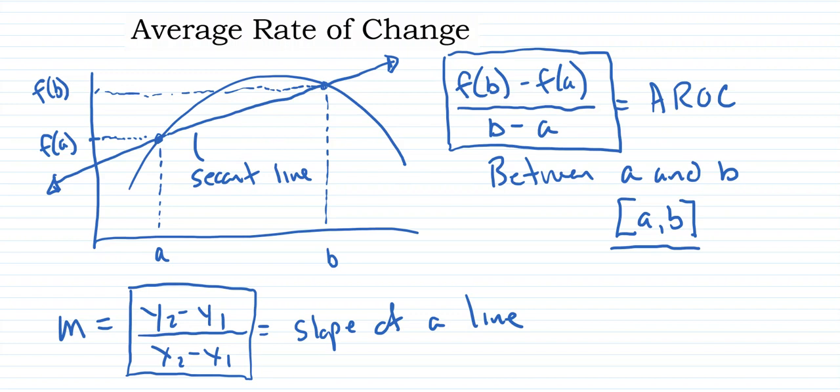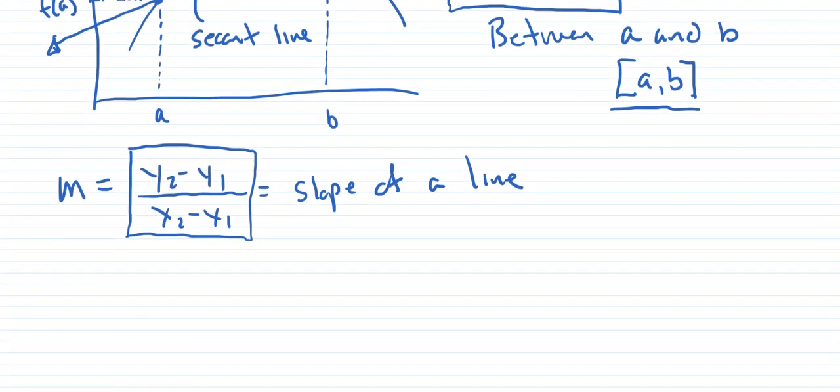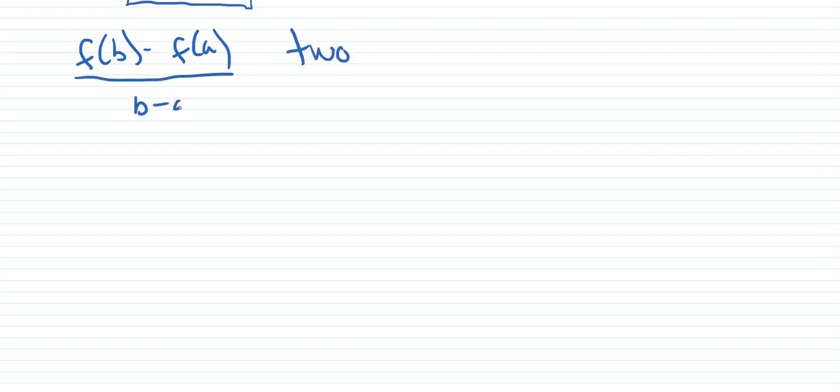So consequently, we have two very important things. We found out that f of B minus f of A, divided by B minus A, has two meanings that are very important.